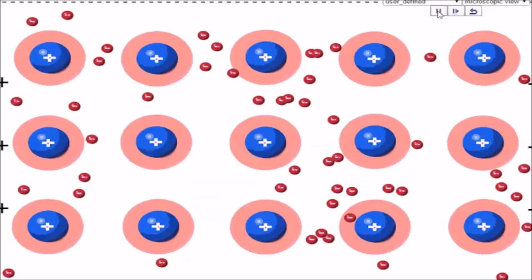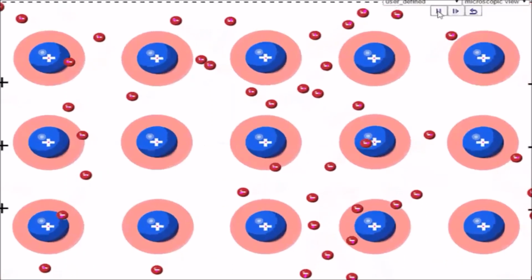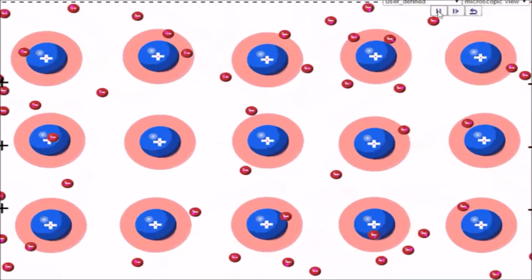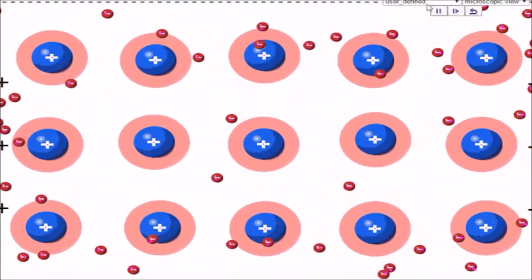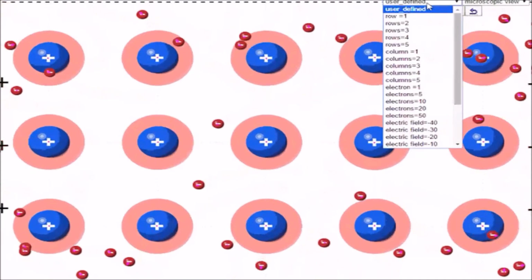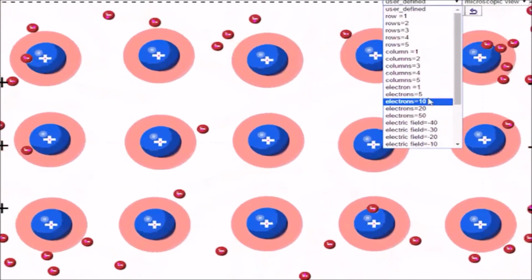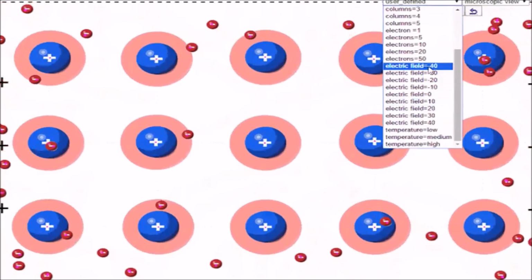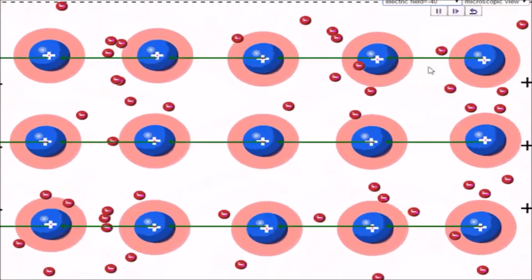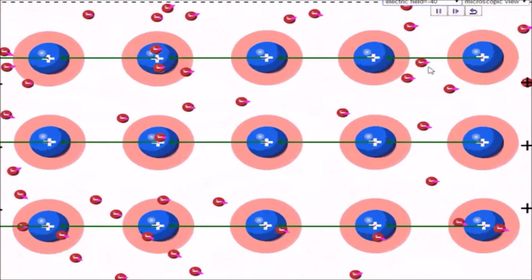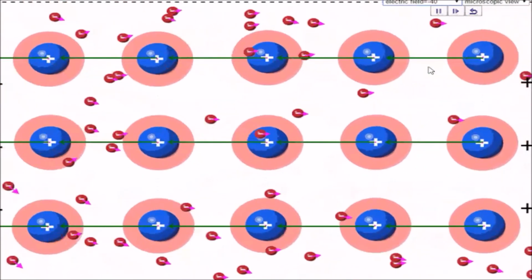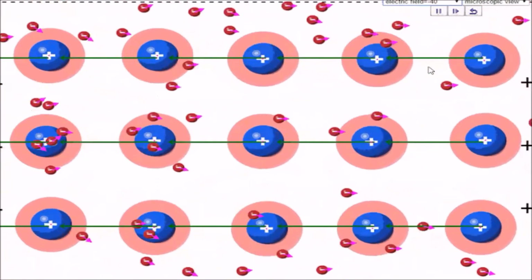By this we can say, you can observe all positive ions are at rest, which is known as the lattice, and all electrons are in random motion. Now if an electric field is created, if you connect a battery, you can observe all electrons will be moving from left hand side to right hand side.